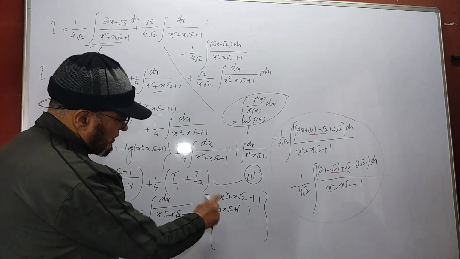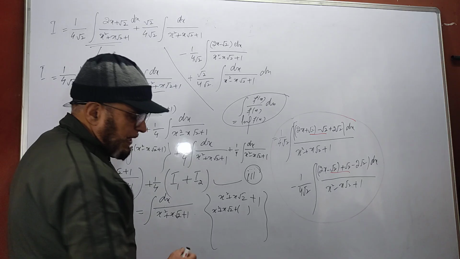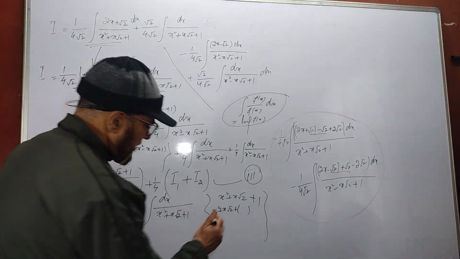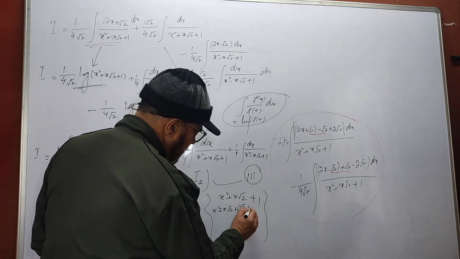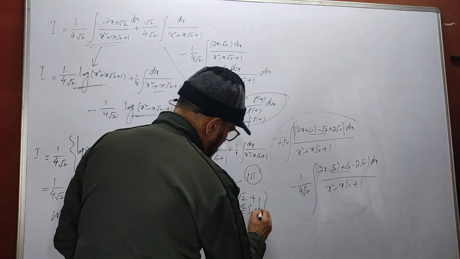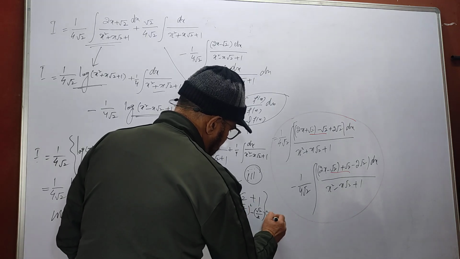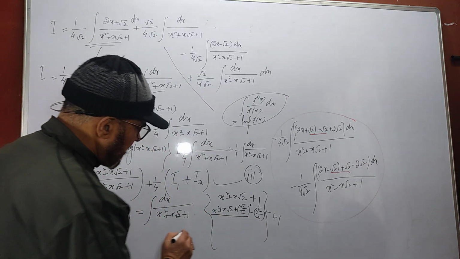You have the coefficient of x square already 1. That is our benefit. Here the coefficient of x is root 2. I will add and subtract the square of half of it. Root 2 is the coefficient of x, its half is root 2 by 2, and I will add its square, and simultaneously subtract root 2 by 2 square. And this one is here. Now this is converted into a formula.